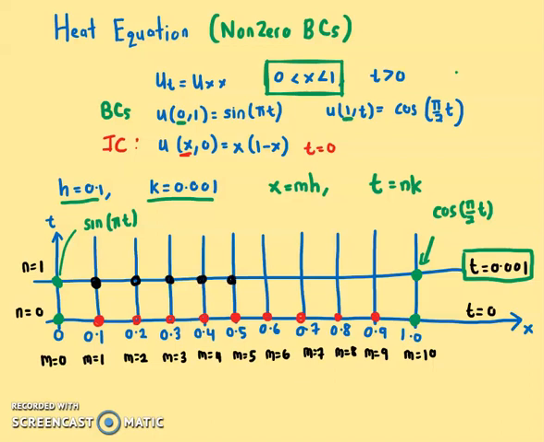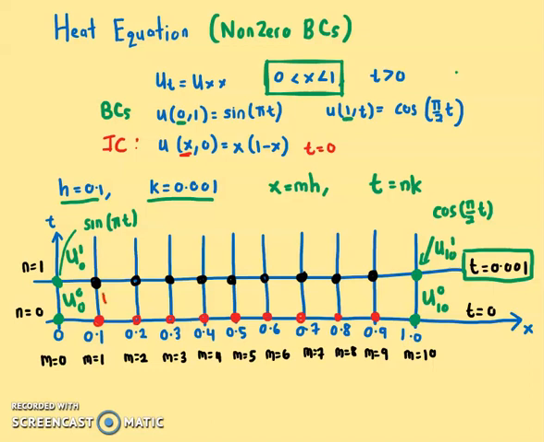To find these, we are going to use the 4-point explicit method. Let me just label this. This is my u at m0, n0. This is my u m0, n1. This is my u10.